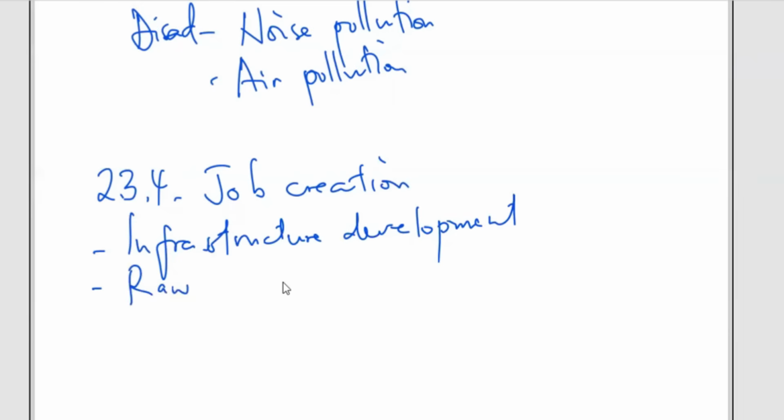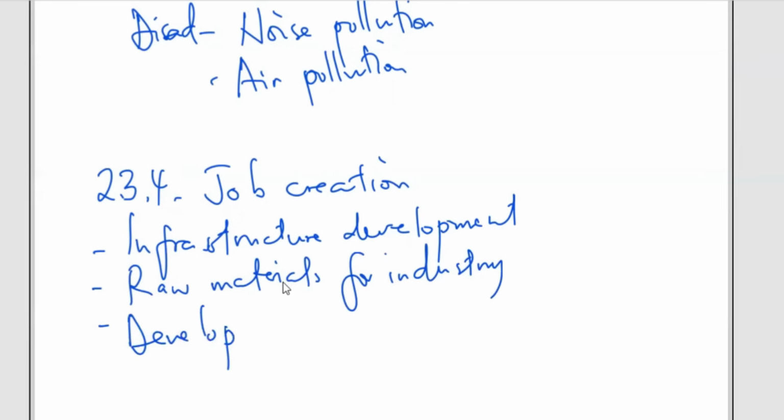Then you can talk of raw material for industry. We can also access some beef products which are used as raw materials for industry, and also can look at development of related industries that are related to agriculture.